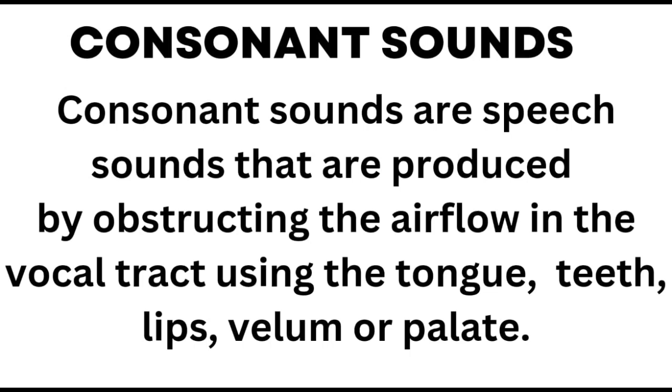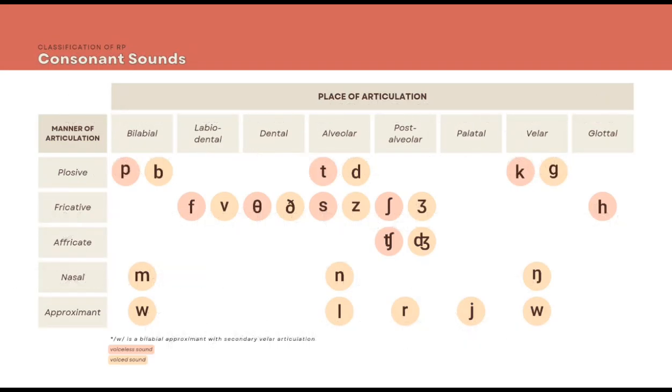Always remember that whenever you define consonant sounds, it will be easy for you to differentiate between consonant sounds and vowel sounds. In my previous video, I told you that there are different categories into which we can classify consonant sounds according to how they are pronounced and according to their places of articulation.